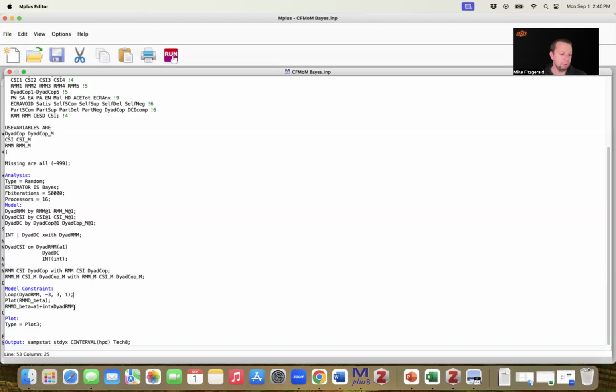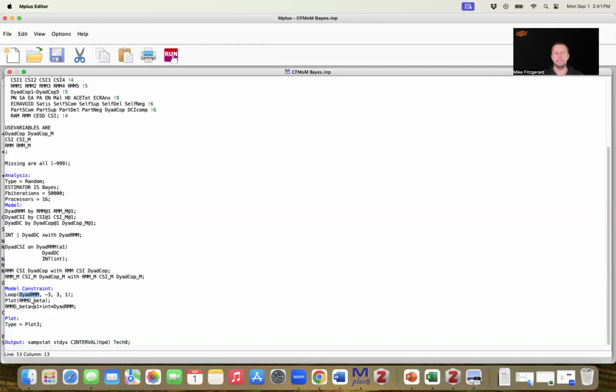And so what we're doing here is we're looping. So essentially what that means is we are going to repeatedly estimate the effect of our moderating variable, which again, in this example is going to be relationship mindfulness.